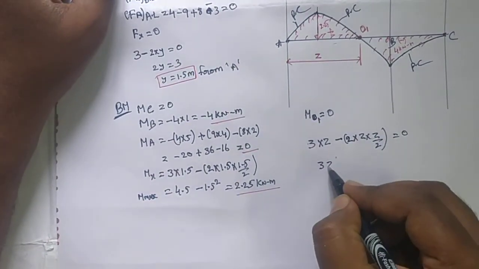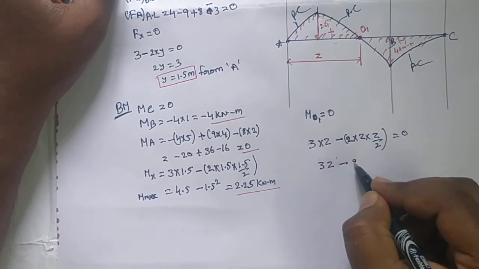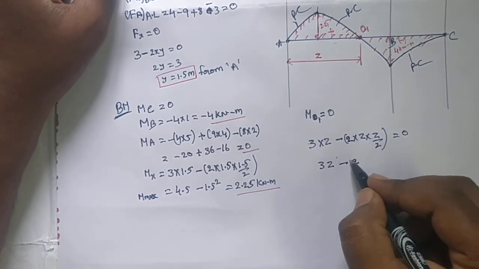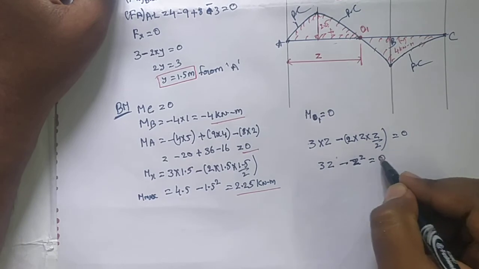So 3Z minus Z square, the 2s cancelling, equals 0.